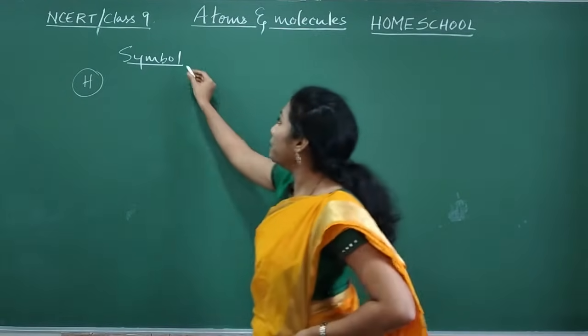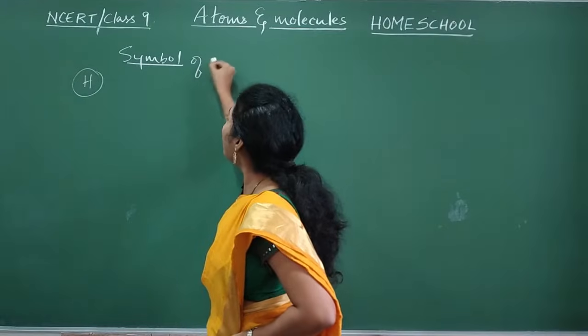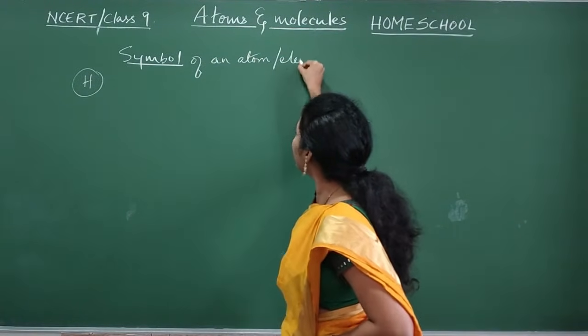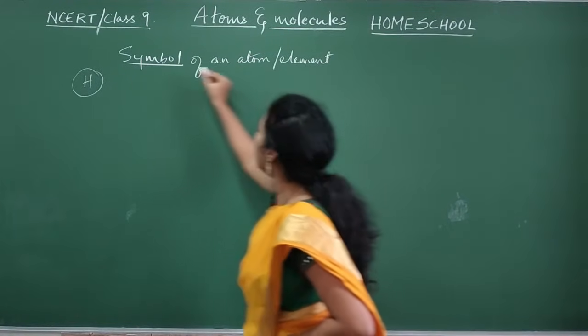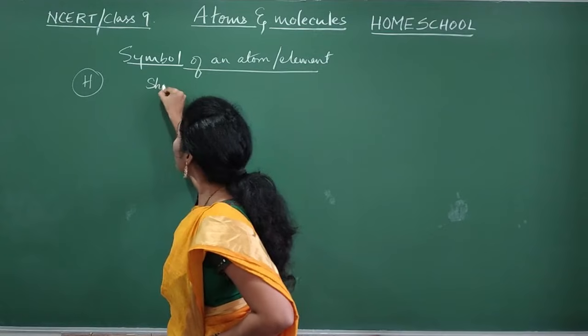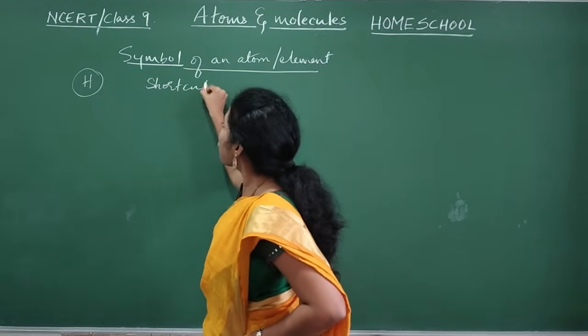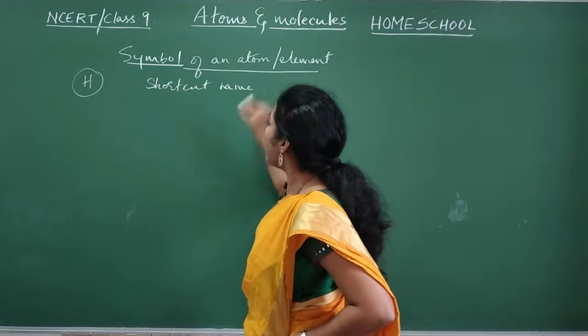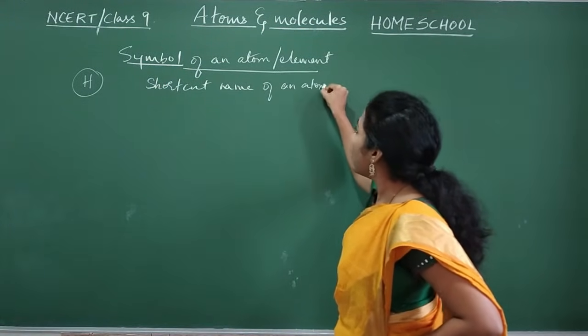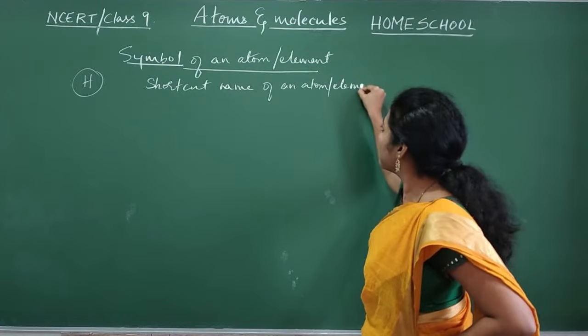Okay, so what do you mean by a symbol of an atom or element? How do you define a symbol of an atom or element? It is nothing but a shortcut name of an atom or element.